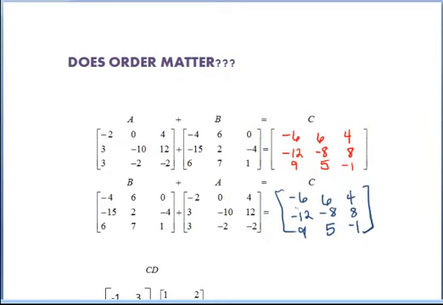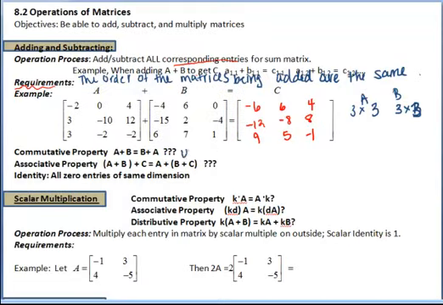But what you will find is there are no counterexamples, and then you can start to make those thoughts of, well, all we're doing is adding corresponding parts, and since addition of real numbers is also commutative, it won't matter which order we add these matrices in. So this one's definitely a yes. Is it commutative? Yes, they are.